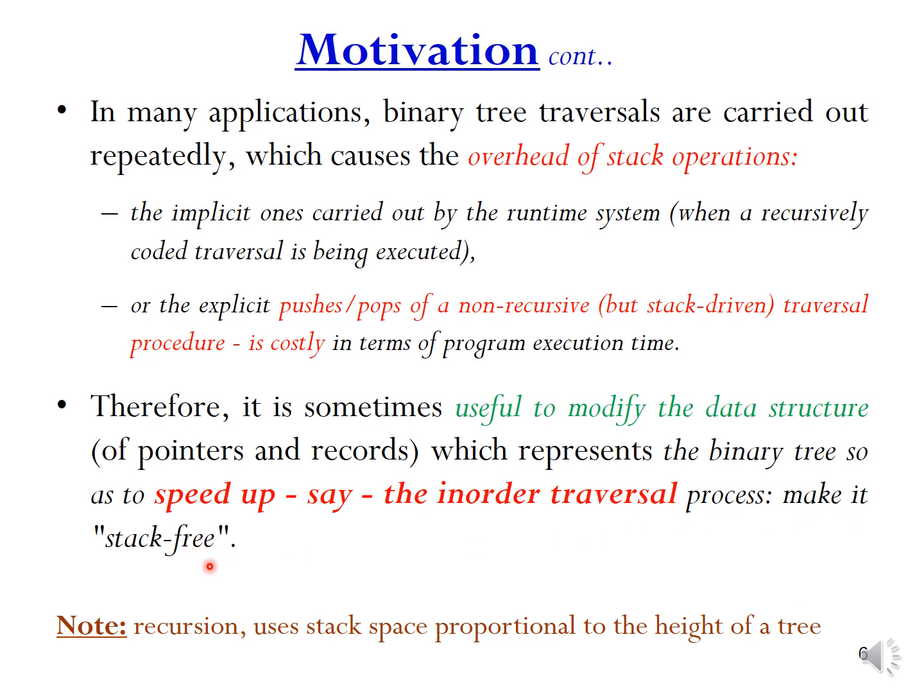By avoiding recursion and the use of a stack, we can speed up the traversing. This is the ultimate objective of using the threaded binary tree. It should also be noted that recursion uses stack space proportional to the height of the tree. This is also the reason why we use the threaded binary tree.